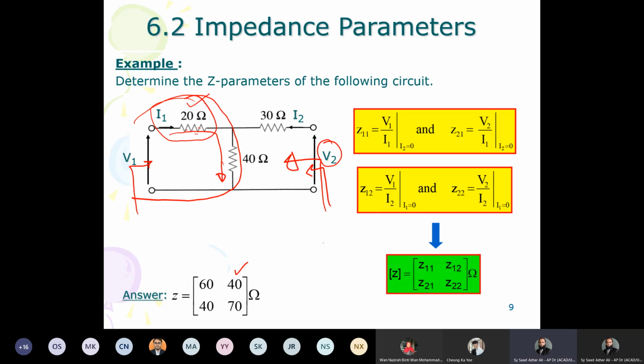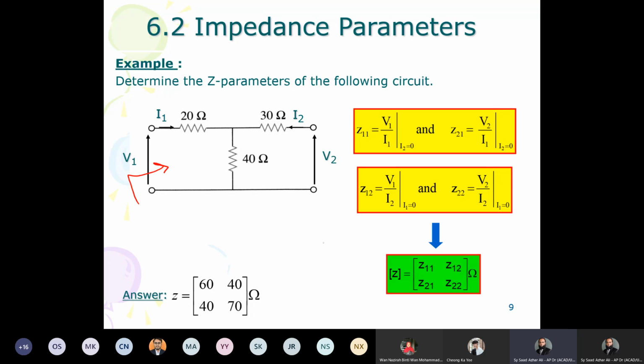This is mostly common sense, so don't worry about finding the right technique. Then V1 and I2. When we look from this side, V1 and I2, does this 30 and I2 have any effect on V1?